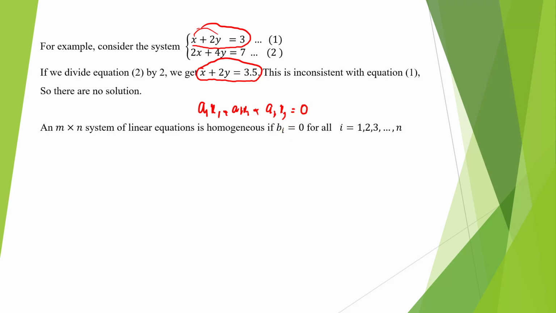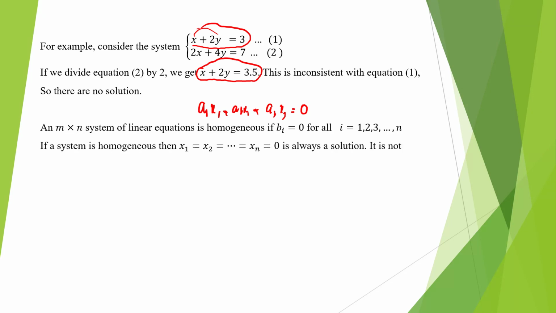If the left hand side has coefficients and variables, and the right hand side is equal to 0, we can call this linear equation a homogeneous equation. But if the right hand side is other than 0, it is not homogeneous.